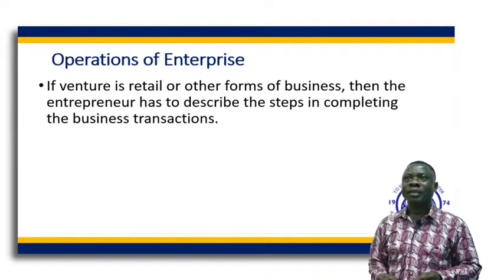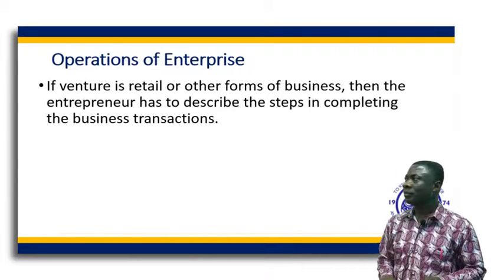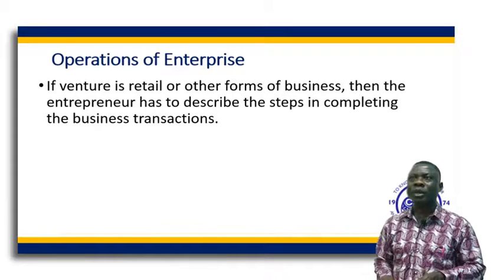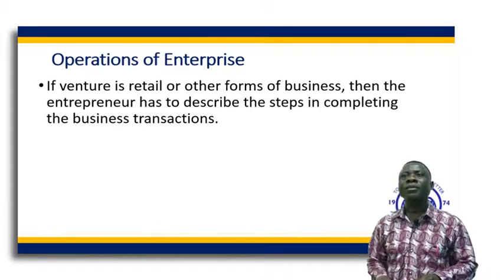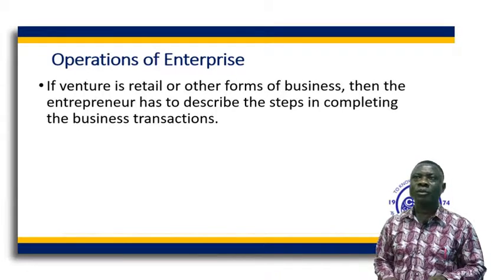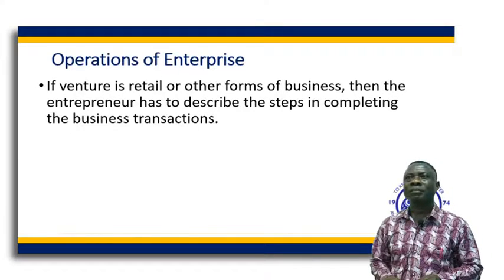We've looked at the production. Now production, we said if it's to do with a tangible product, goods, then we are talking of production. If it's to do with services, the intangible, then we are dealing with an operational plan.